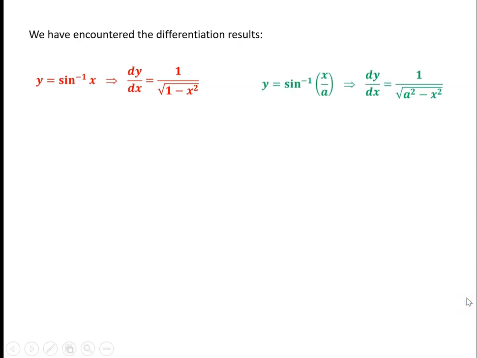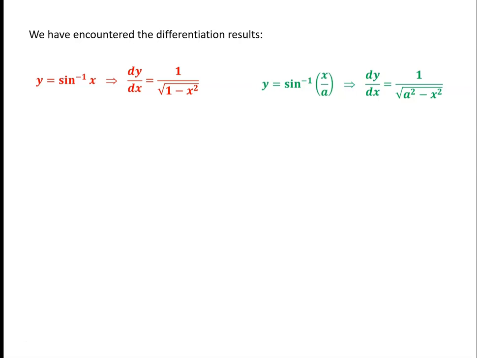So we've now encountered 4 different differentiation results, which I want to recall at this stage. If y is sine to the minus 1 of x, then dy by dx is 1 over the root of 1 minus x squared. If y is sine to the minus 1 of x upon a, then dy by dx is 1 over the root of a squared minus x squared.